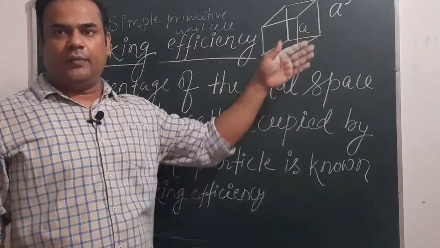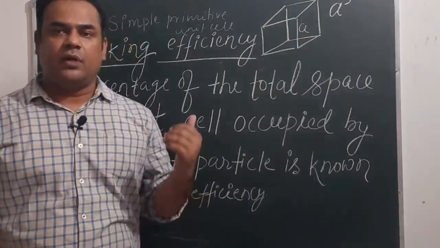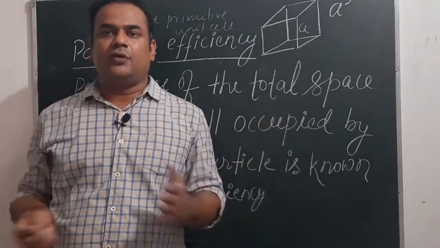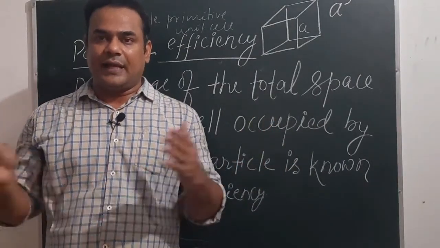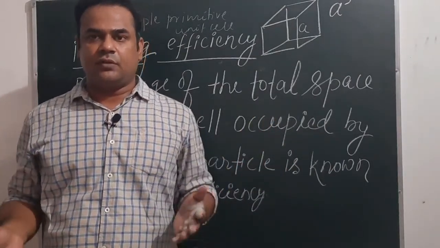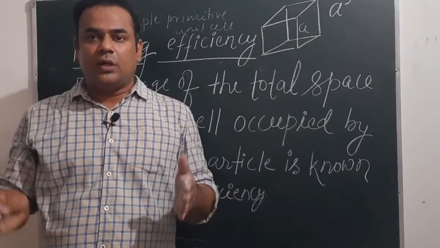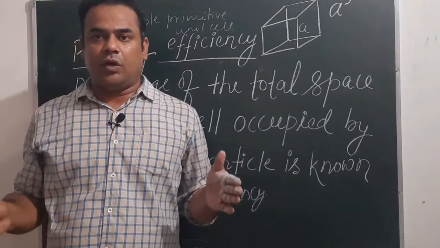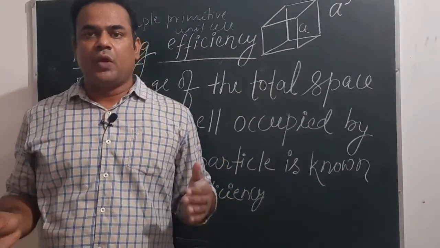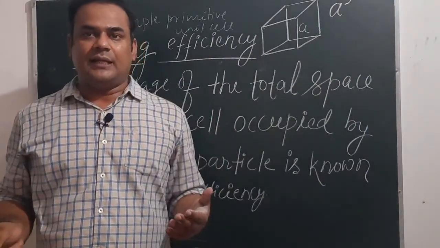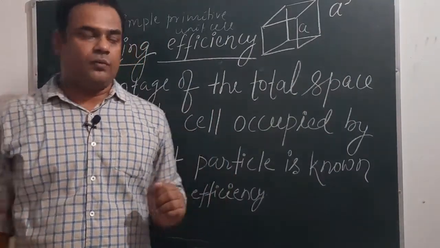Whatever space or volume is available. If you are in class or in your room, there is certain space in your room, and in that space there are your stuffs, your books and other things. So of the total available volume in your room, how much part is occupied by your stuffs, that is the packing efficiency of your room.